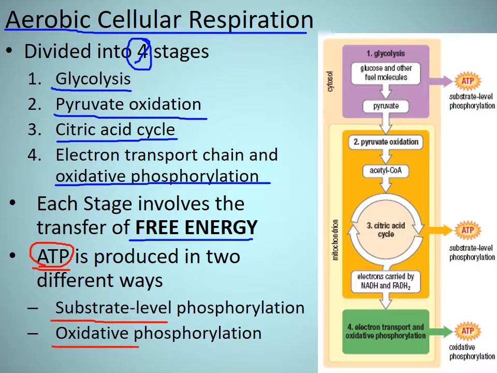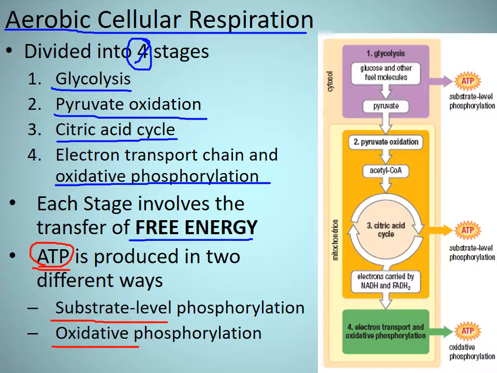Oxidative phosphorylation is used in one of the stages, the electron transport chain. Here there is a transfer of electrons, so we see redox reactions.